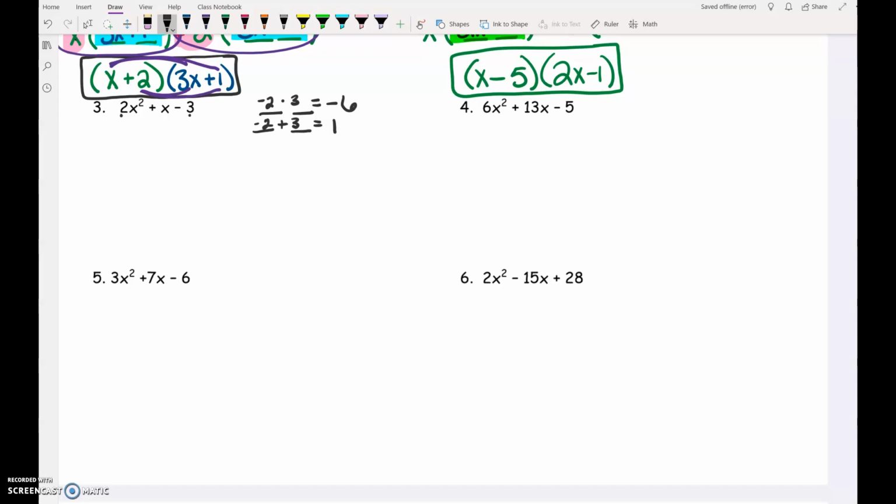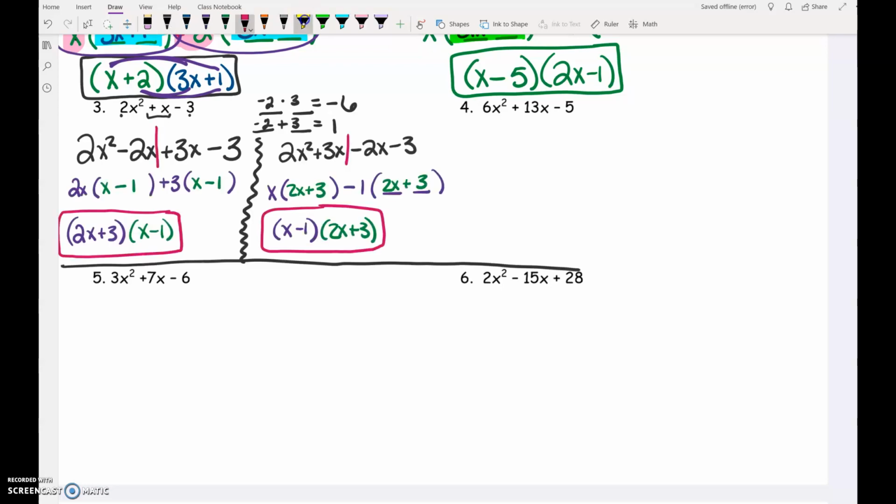Those numbers are used to split up this middle number. So 2x squared minus 2x plus 3x minus 3. Now, split it. See if you can finish this process.